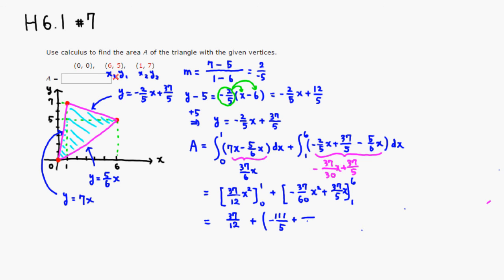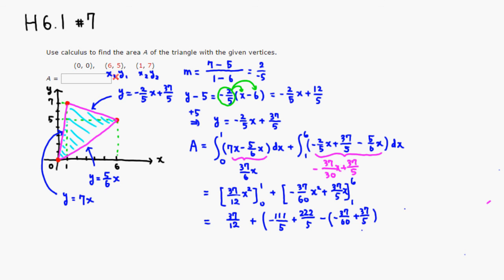So you have 5 there, 42 and 18. So it's going to be 222. All right, and then minus, we're plugging in 1. So you have a negative 37 over 60. And then you have a plus 37 over 5.